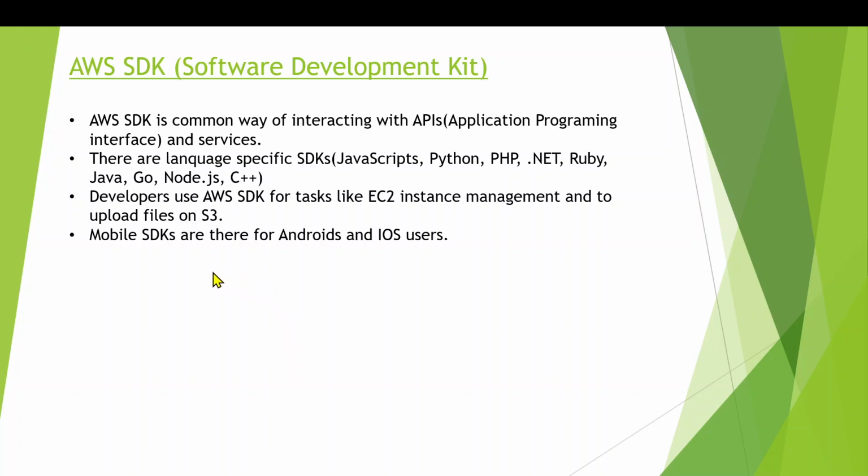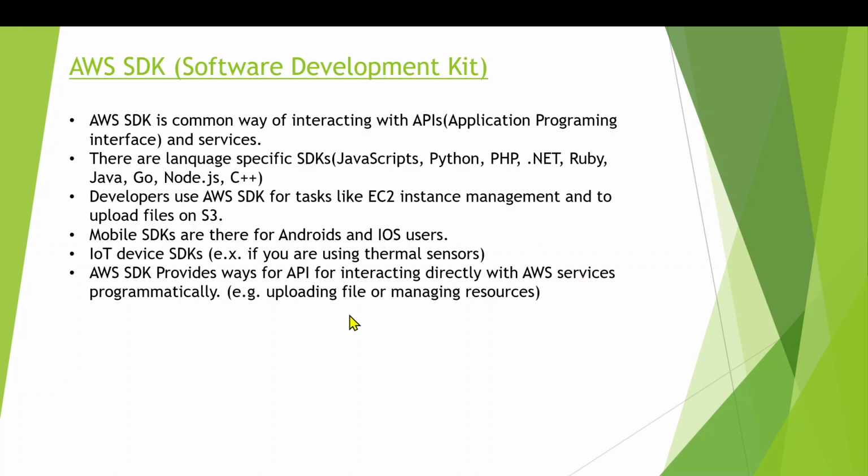There are mobile SDKs for Android and iOS. And apart from mobile SDKs, there are IoT SDKs as well. Let's say you are using a thermal sensor; there is an SDK for that as well. This SDK provides a way for your application to interact directly with AWS services.